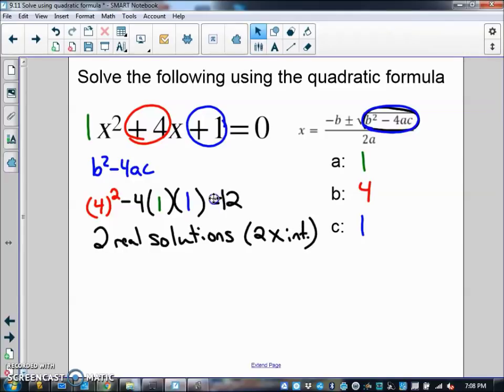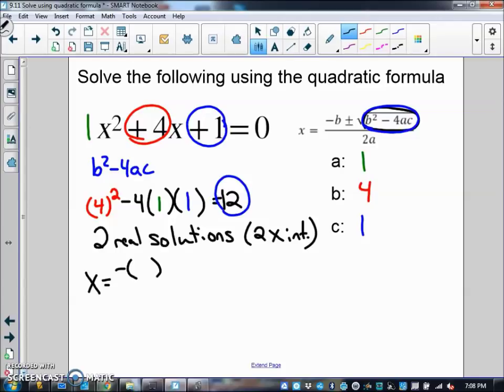Knowing that my discriminant is 12, I can then plug everything into my quadratic formula. X is equal to negative b. Notice I'm putting my b in as a negative value. I'm putting my b in parentheses. Plus or minus the square root of 12 over 2 times a.